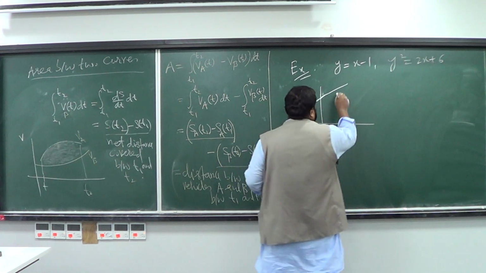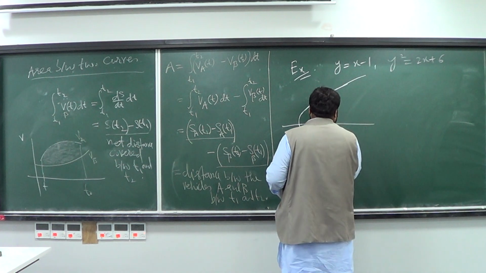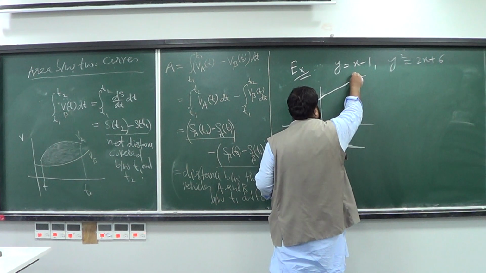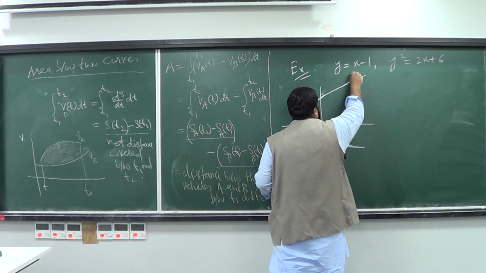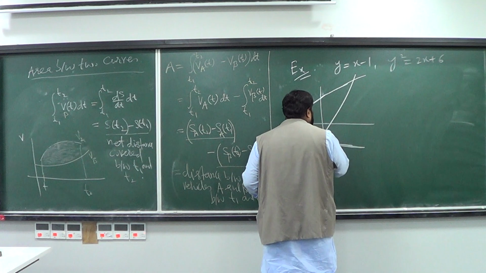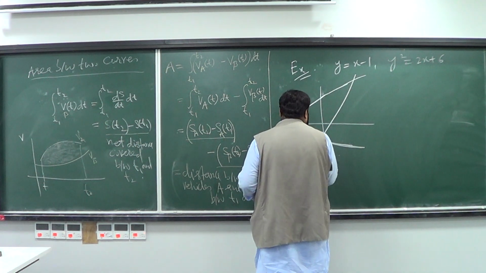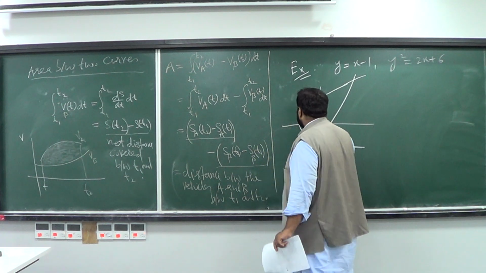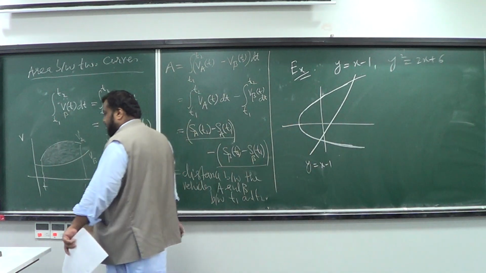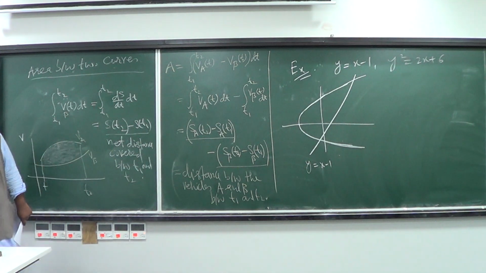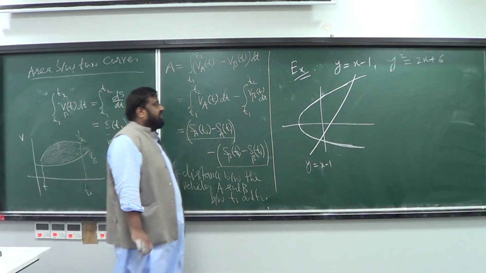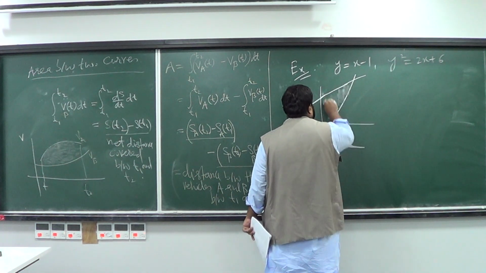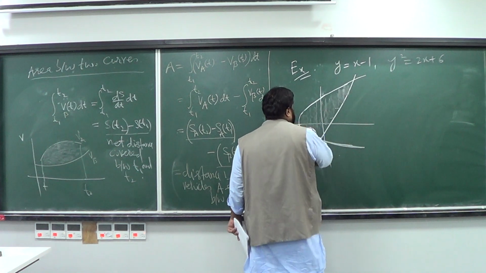So it's going to be a line that goes something like this. This is the line y equals x minus 1. Now if I ask you to compute the area between these two curves.